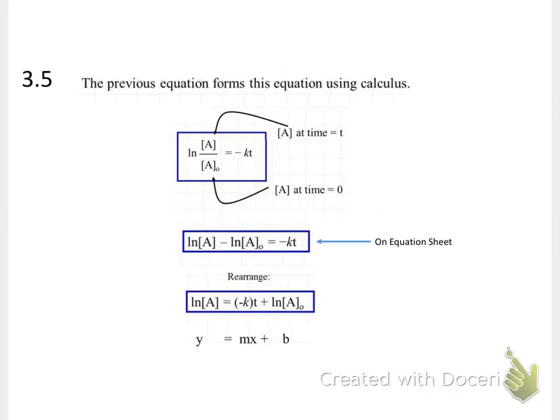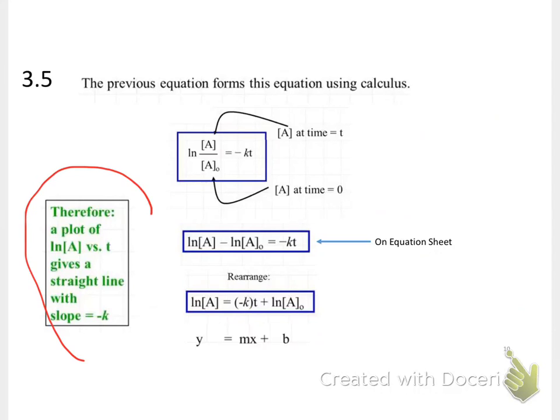So now we have the form y equals mx plus b. Okay? And if you see here, m, the slope, is equal to minus k, which is very useful.